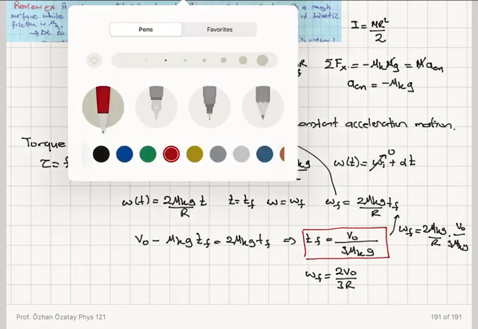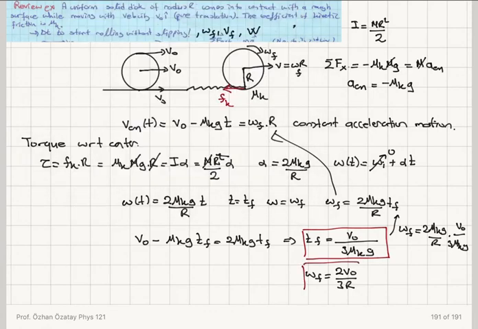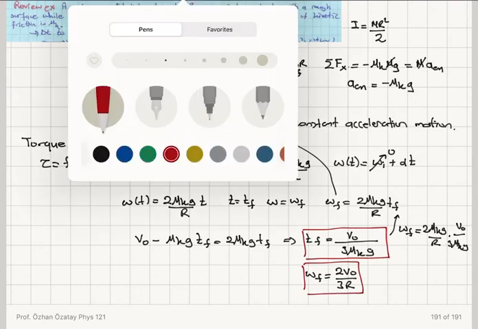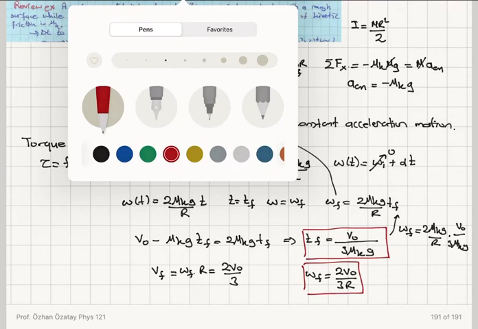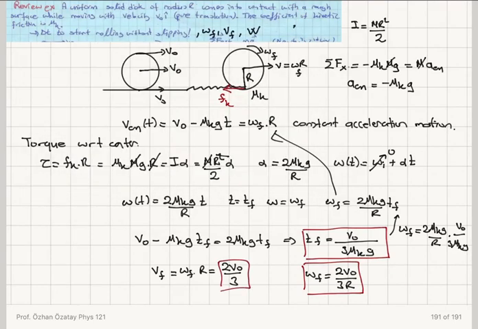So omega final will be 2 v0 over 3r. And what will be the final center of mass velocity? V final is omega final times r, so it will be equal to 2 v0 divided by 3.